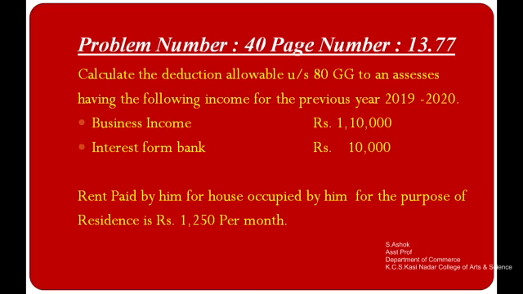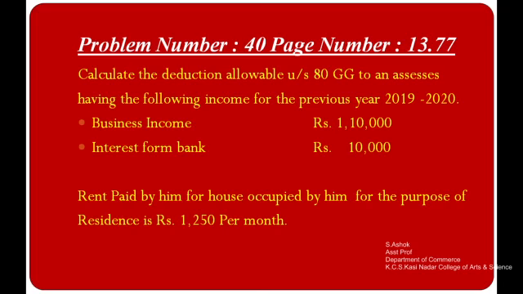And finally, he has paid rent for a house occupied by him for the purpose of residence, rupees 1,250 per month. He has taken a rental house, and for that he pays rupees 1,250 per month. This is what is given in the sum.